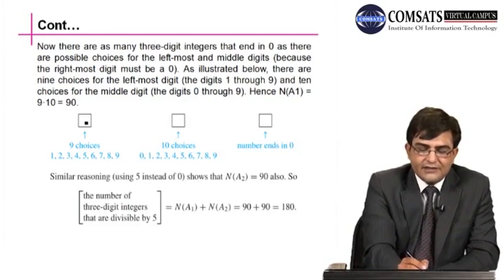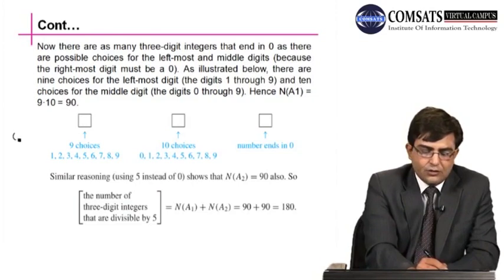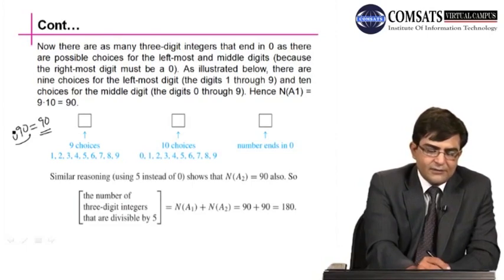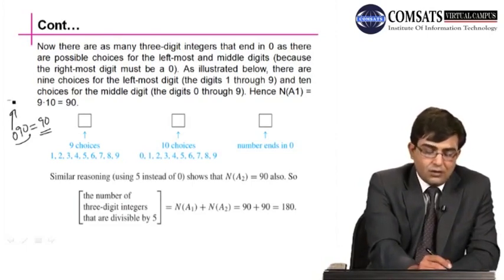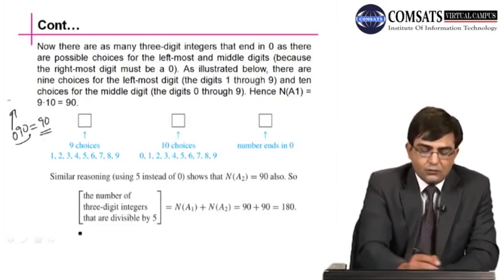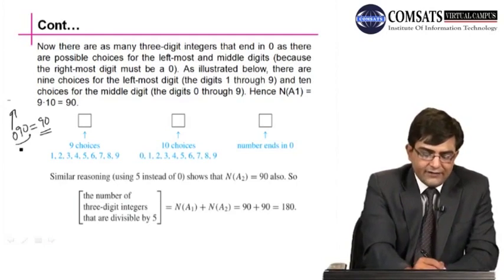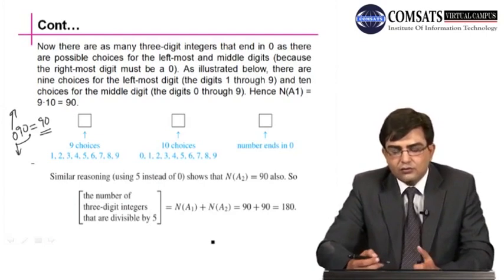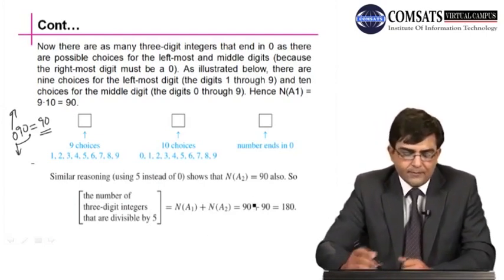If the first digit is 0, then for example 090 means 90. It's not a 3-digit integer, this is basically a 2-digit integer. So at the first place we must have either 1, 2, 3, 4, and so on up to 9.